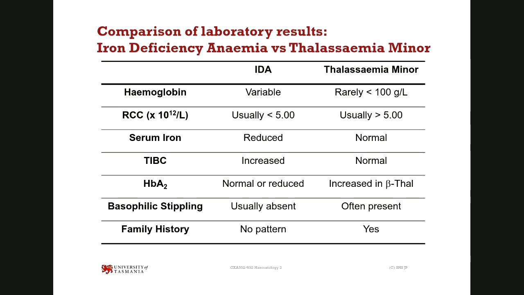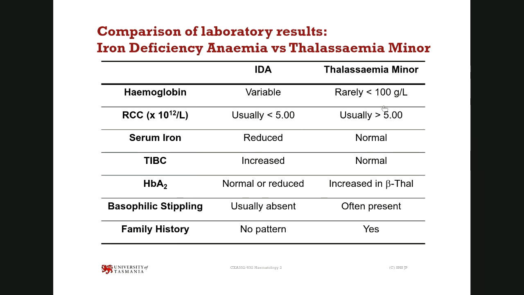And we've seen this comparison of laboratory results before, I think last week when we were talking about thalassemia, because thalassemia is also a microcytic hypochromic anemia, and we need to differentiate thalassemia from iron deficiency anemia. And you can see here the red cell count.